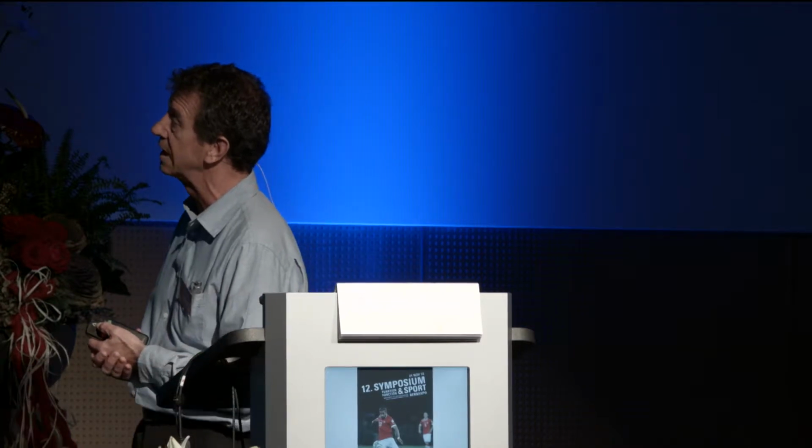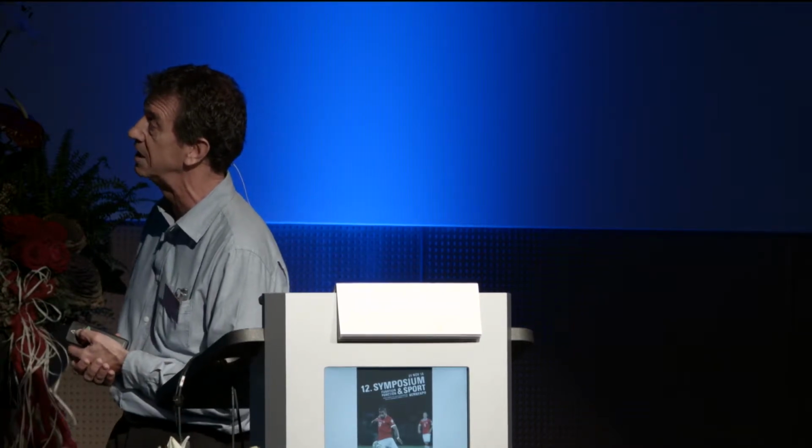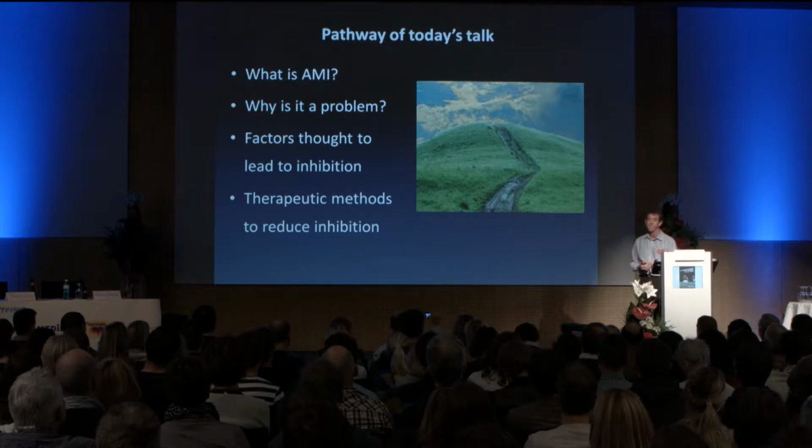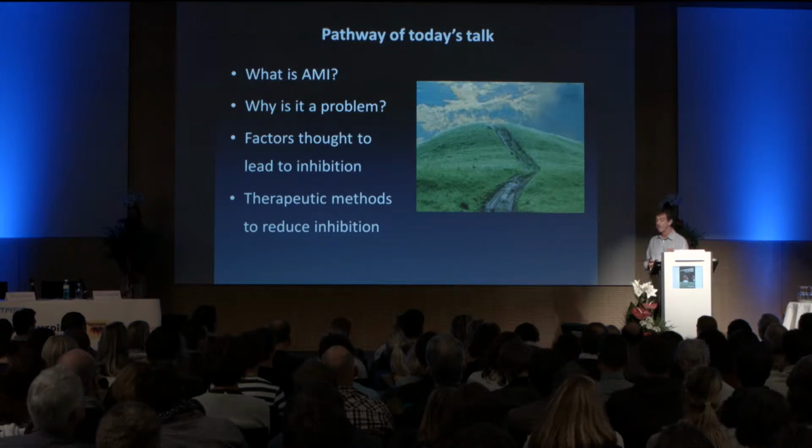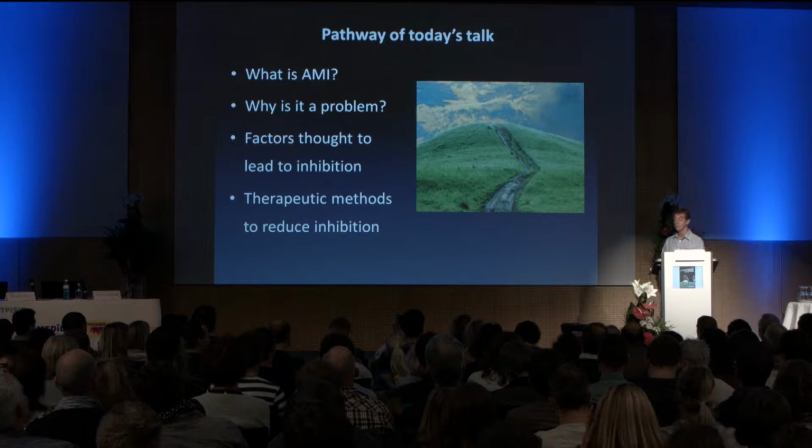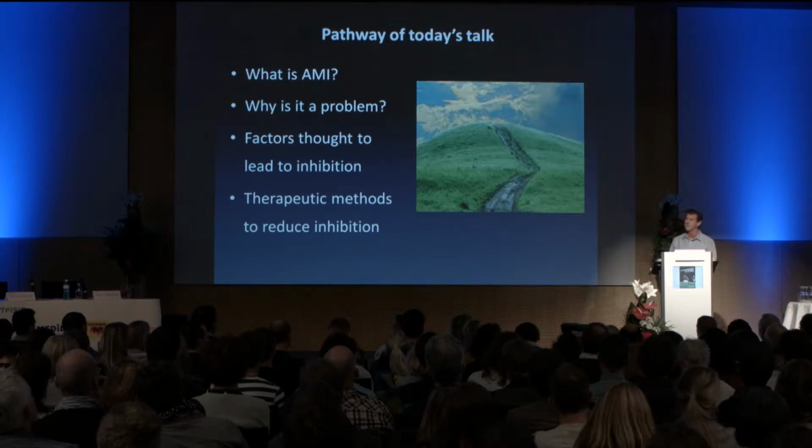And thereafter, we'll have a look at some of the factors that are thought to lead to this inhibition. And then finally, we'll have a look at some of the therapeutic methods that might reduce the inhibition. So some techniques that you might use in your practice to allow you to strengthen your patients more effectively.